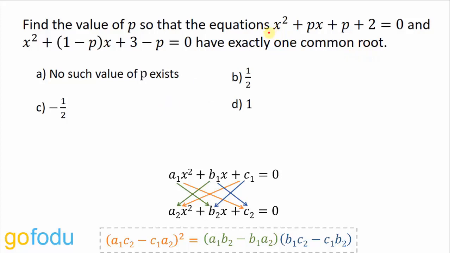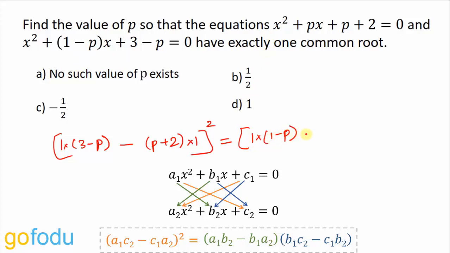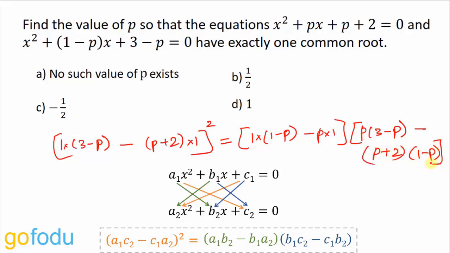We will get 1 into 3 minus p, minus p plus 2 into 1, this whole square is equal to 1 into 1 minus p, minus p into 1, this whole multiplied by p into 3 minus p, minus p plus 2 into 1 minus p. Lots of p are there.